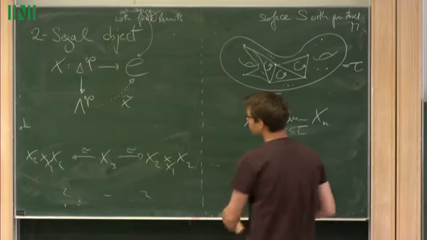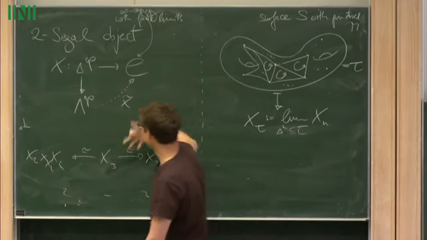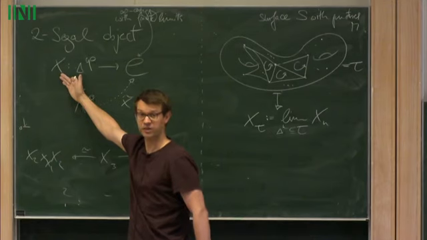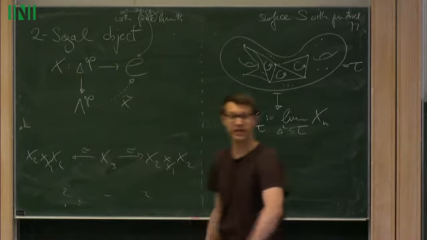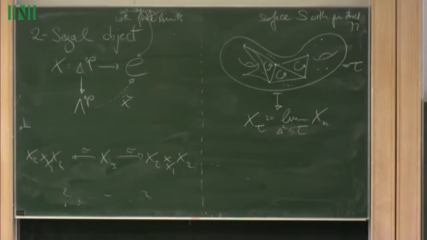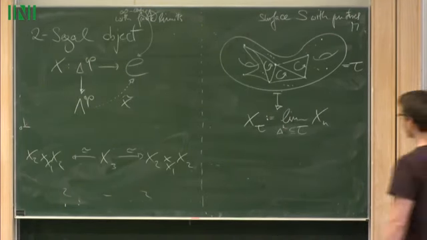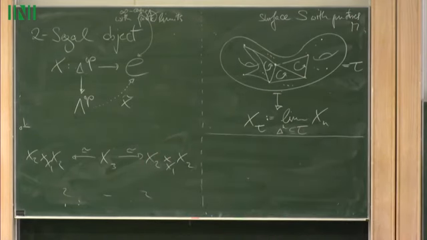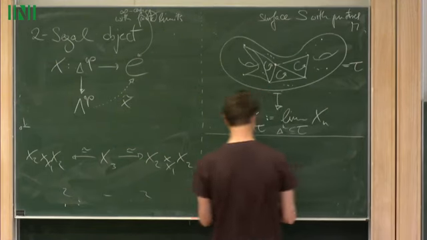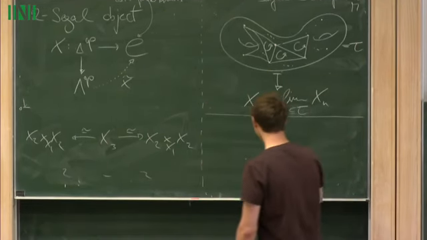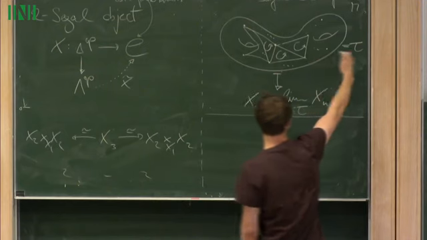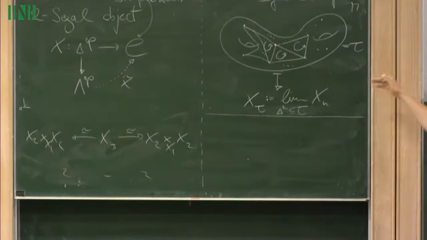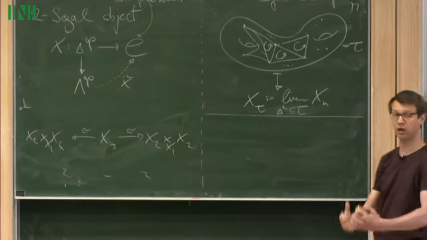And the statement is that precisely the higher Segal conditions that are captured in this 2-Segal object give me precisely the data which allow me to deduce this statement. So let me explain, in slightly more technical language, how to do this, because it's actually rather easy. Instead of just looking at triangulations of the surface, I look at polygonal subdivisions.